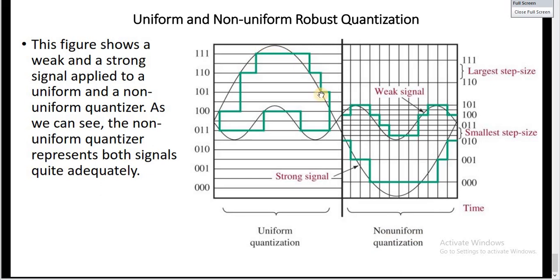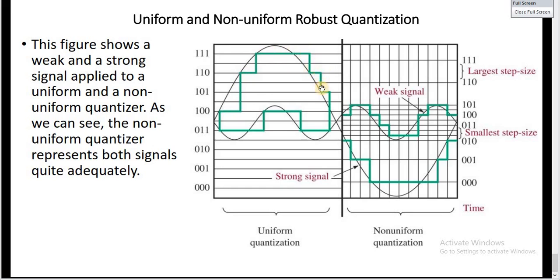If a strong signal is applied to the uniform quantizer, the output will be a good representation of the signal, and the amount of distortion is low.